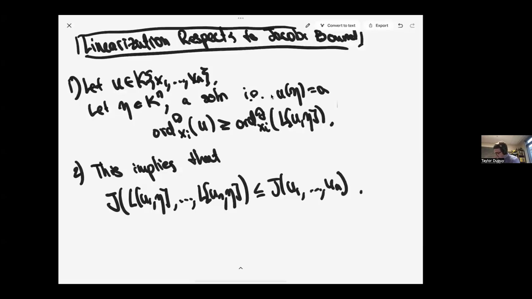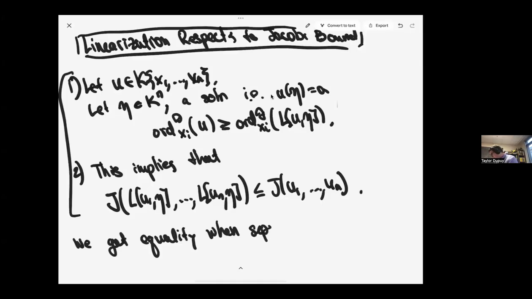Okay, and then we get equality, right? When, I'm going to put this in quotes, separates don't vanish. Okay, so meaning that you need certain partial derivatives to work.